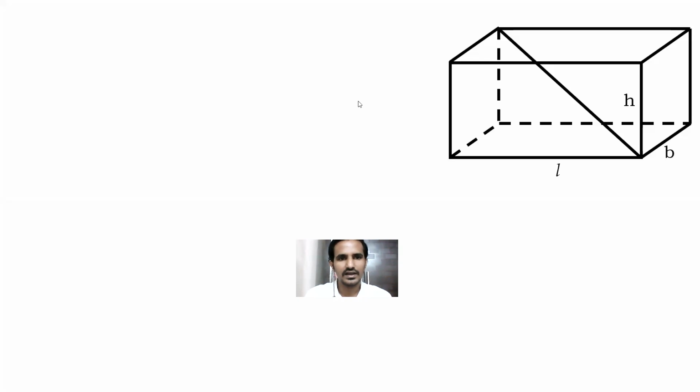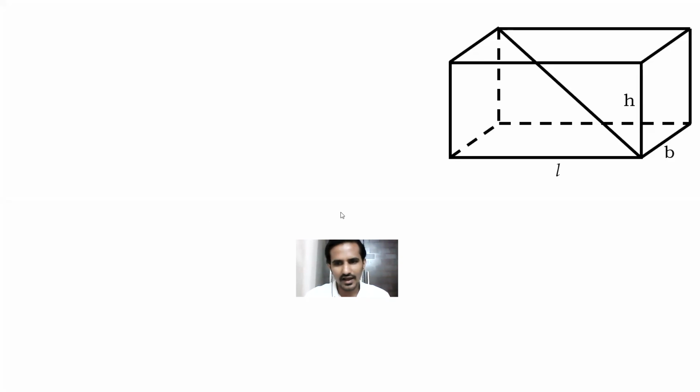Okay, Kaustubh Shirke, you can just unmute yourself and tell me the formula for total surface area of cuboid. 2 into bracket L into B plus B into H plus L into H. Okay, fine. Good, Kaustubh. You can please mute yourself.